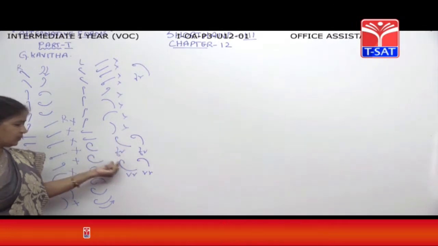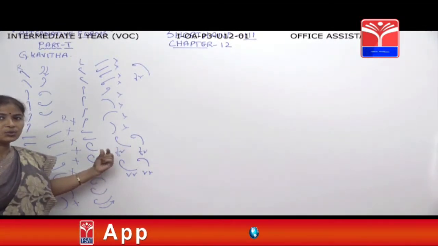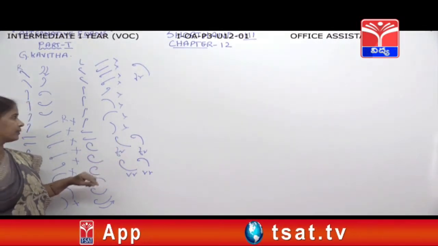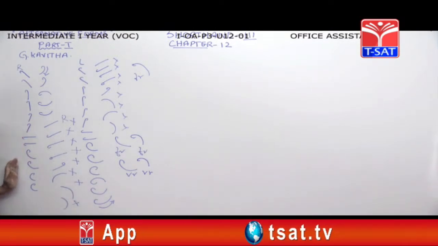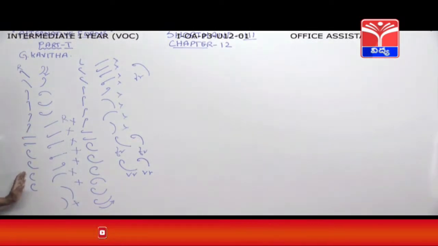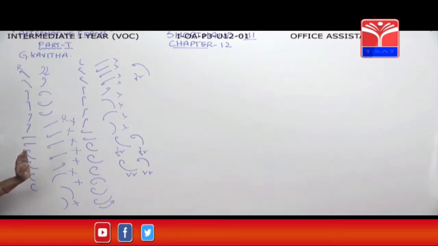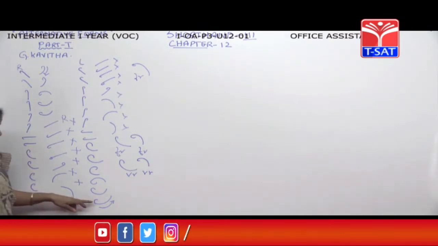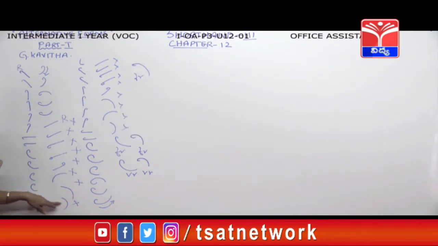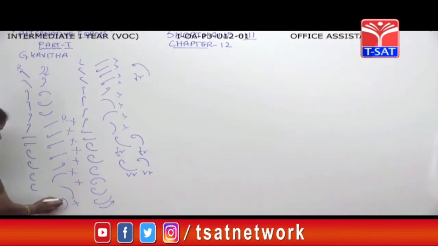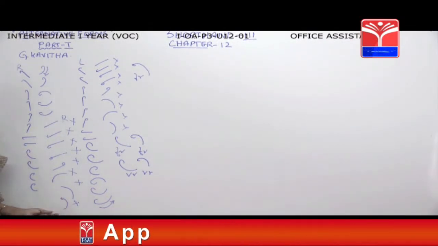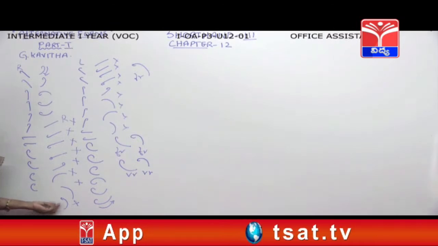Left fur, right fur, left ver and right ver. Okay, fur, ver, and thir: for the stroke thir also we don't have it. See, fur, ver, thir, that's all. Right thir we don't have. That's the reason for stroke S we don't write R hook. For stroke S and Z we don't write R hook. Why?